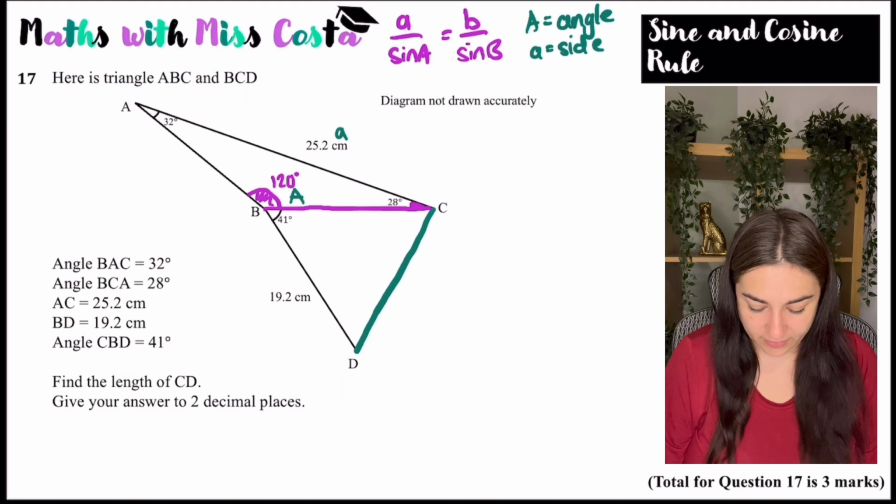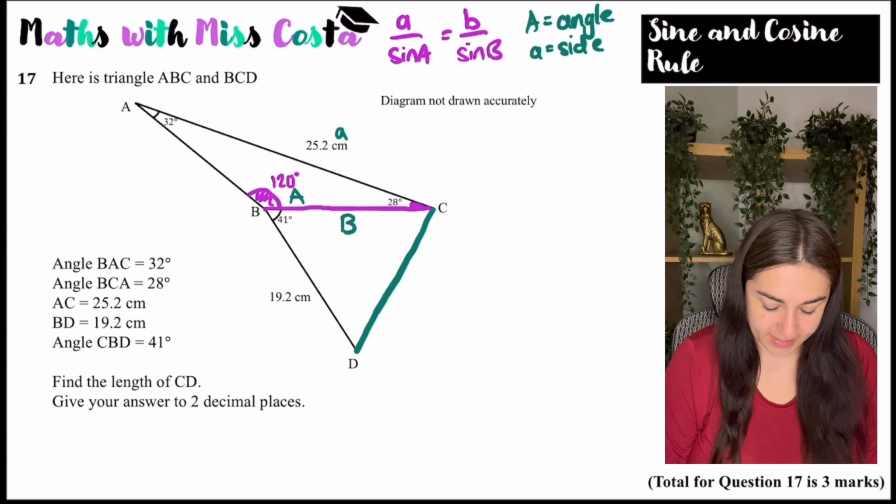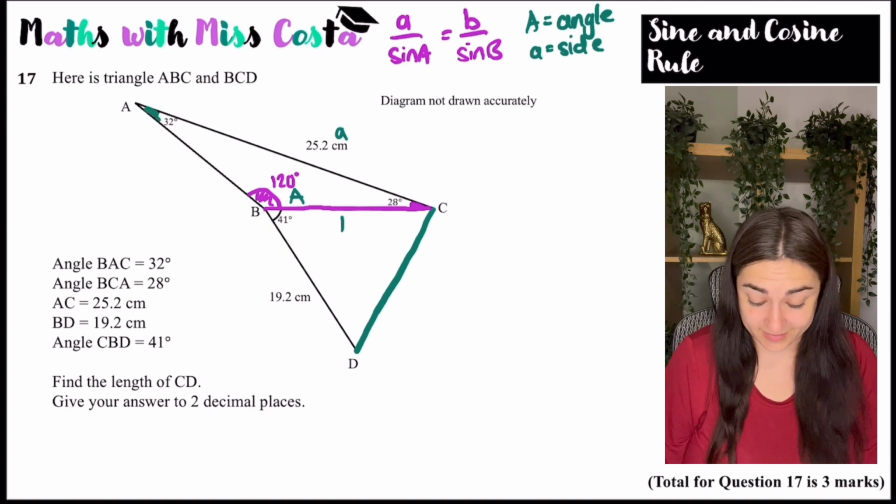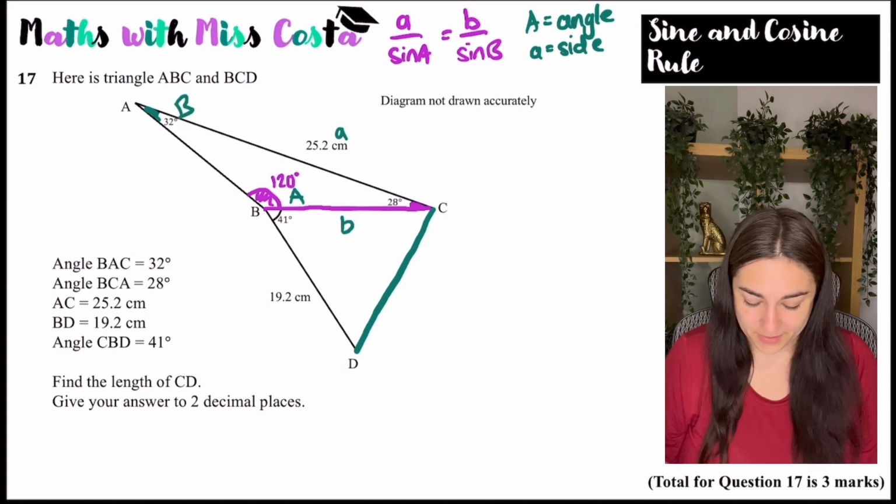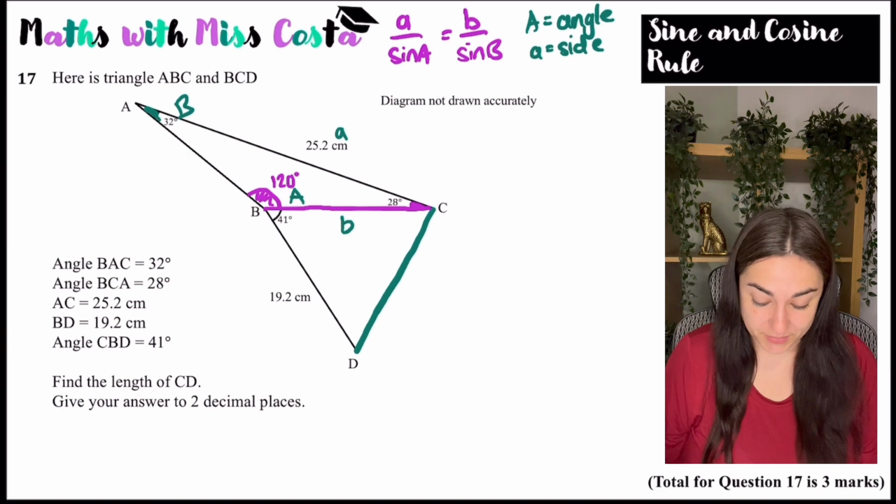And then I'm trying to figure out this side here. So this side here, its opposite angle would be over here. And having just told you what to do, I've just done it wrong. But there we go. So now I can use that to substitute into the sine rule.